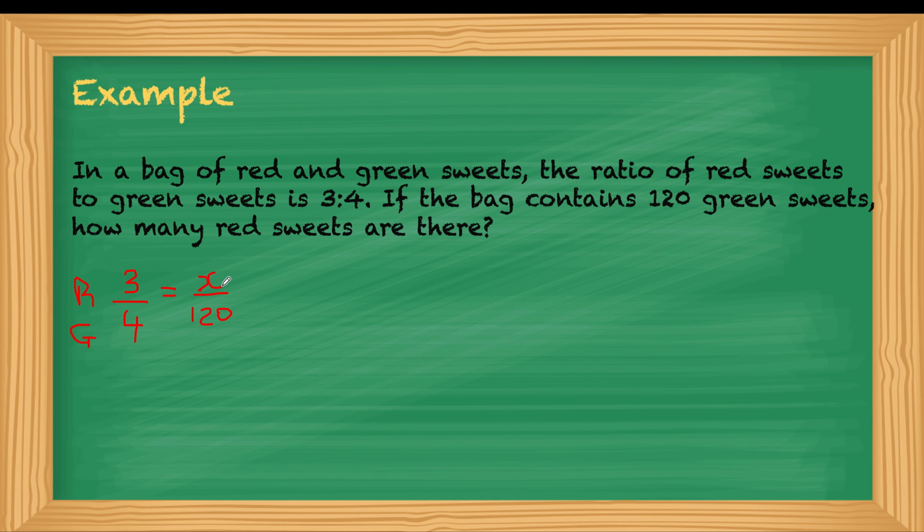Now for us to find the value of x, we can cross multiply, and once we cross multiply, we will end up with 3 times 120 is equal to 4x.